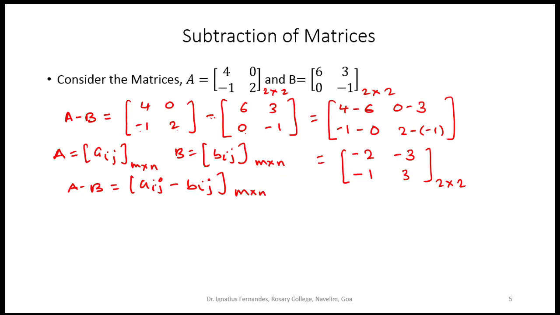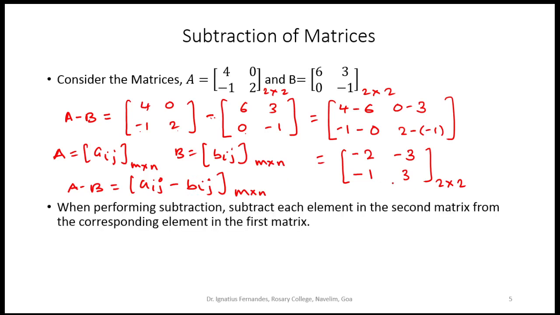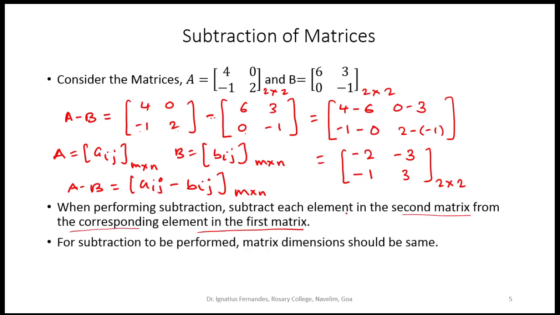We subtract Bij from Aij for each of the positions. So this is how we carry out subtraction of matrices. So when performing subtraction, subtract each element in the second matrix from the corresponding element in the first matrix. For subtraction to be performed, again the matrix dimensions should be same, and matrix subtraction is not commutative.